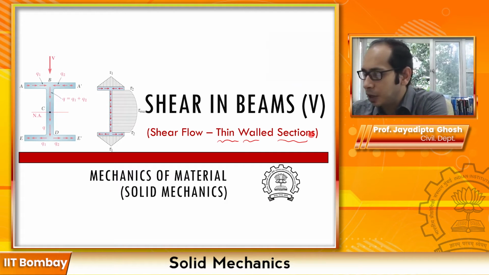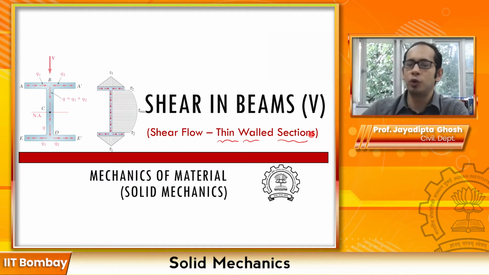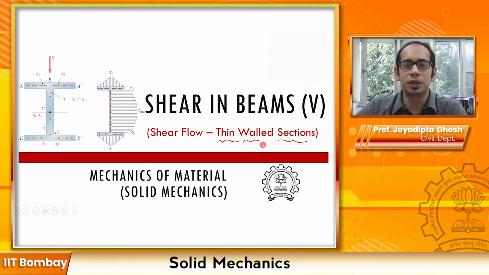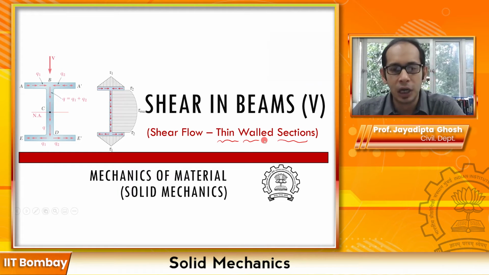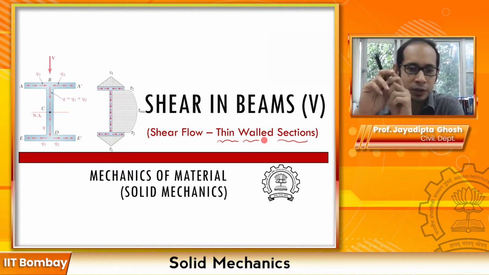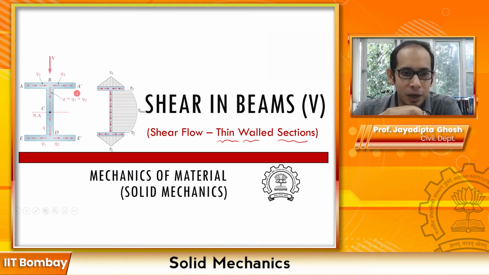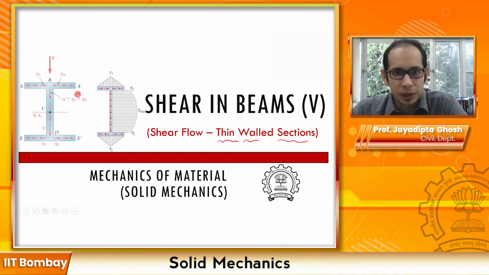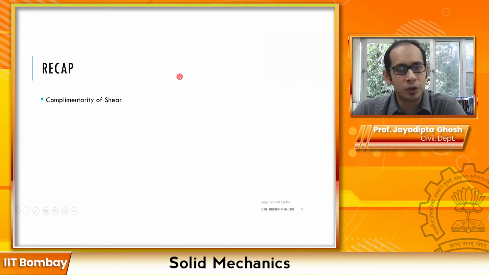Before we begin looking into the shear flow of thin-walled sections, let's see what is going to be our saving grace. The saving grace for learning about thin-walled sections is something you have already seen.